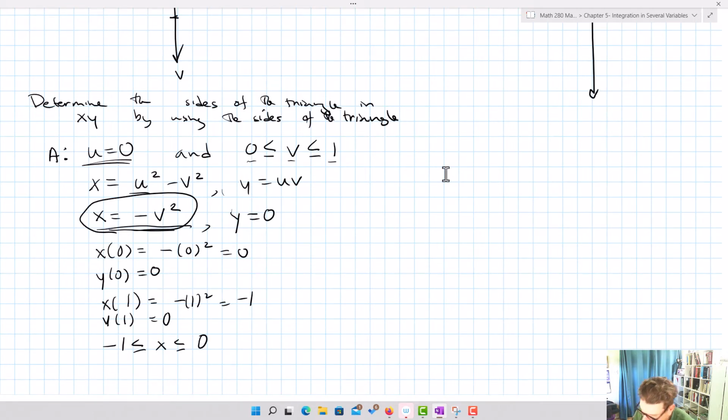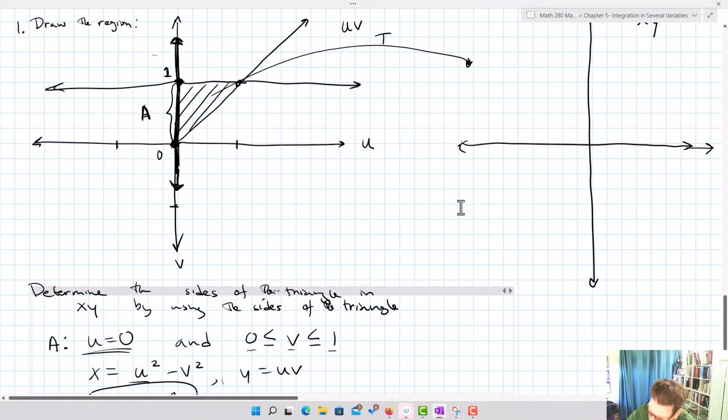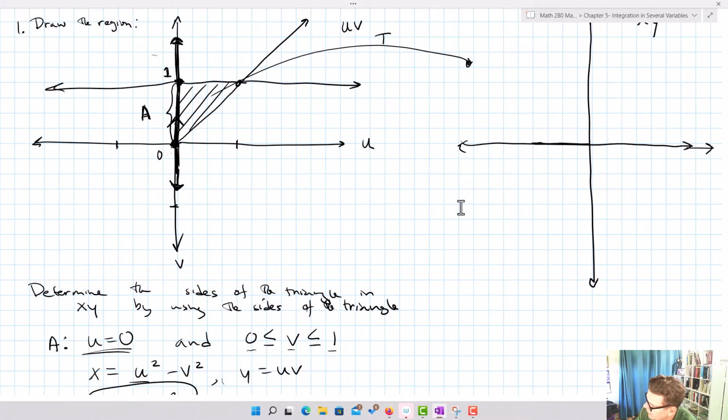Now, by the way, it should be stated that if I'm moving upward from 0 to 1, we're actually moving backwards from 0 to negative 1, if we want to figure out what the direction is on the line. But it doesn't really matter for the moment.